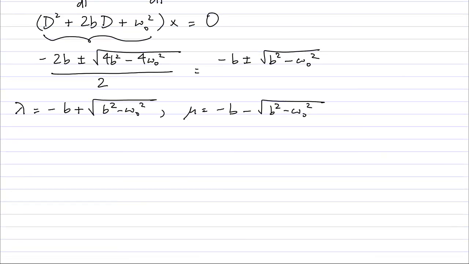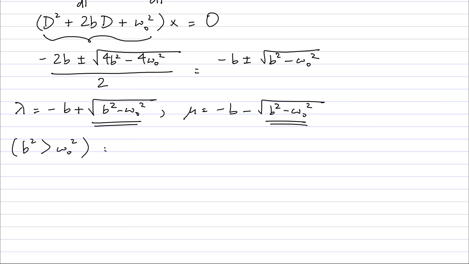But now the character of my solution depends on what's happening over here. So I have three cases. If b squared is bigger than omega naught squared, then of course I get some solution. So let's analyze a solution where you have b squared bigger than omega naught squared.